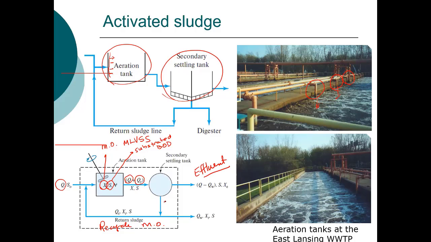This is our settled secondary sludge. Some of it we will waste, and some of it we will return back to the primary tank to maintain this mixed liquor volatile suspended solids concentration, to maintain a concentration of microorganisms in the activated sludge tank or the aeration tank.